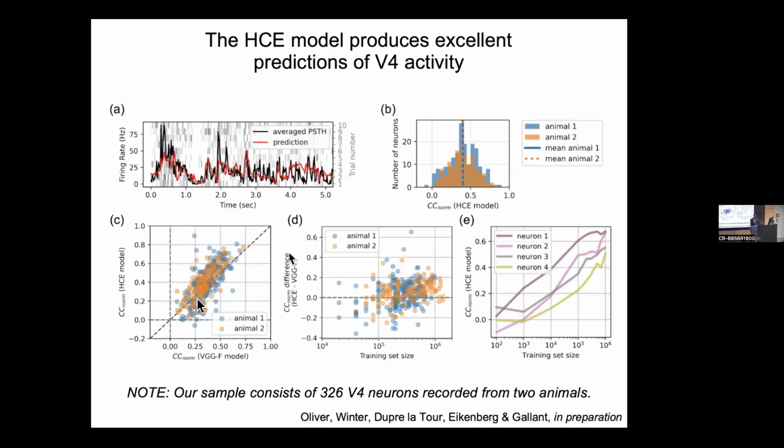So how well does it work? It works quite well. So on the upper left here, you can see a peristimulus time histogram. The black is the neural response over time, and the red is the predictions of the model. And you can see that the model predicts really, really well. On the upper right here is, again, this CC norm metric, which shows basically how well the model is predicting neural responses.